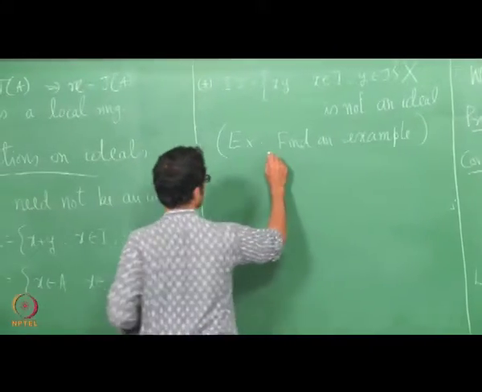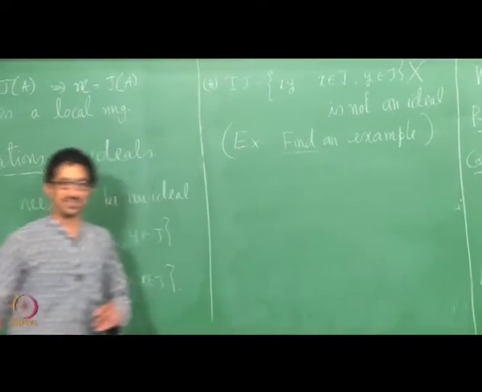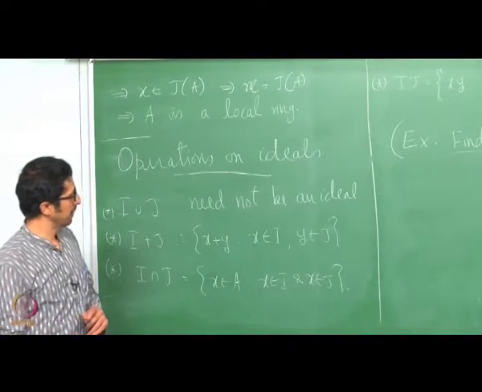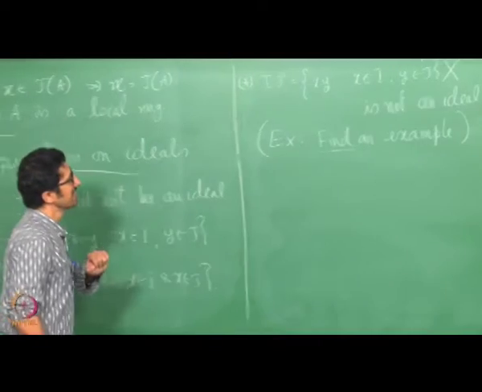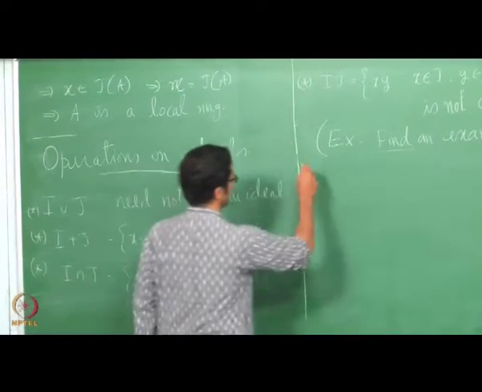I'll leave it to you to experiment, try to get an example and show me that this is not an ideal. So therefore, this is not the way to define this.